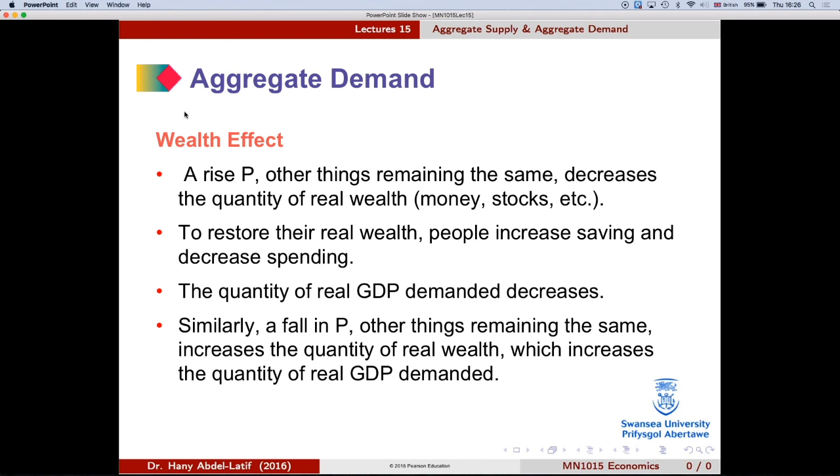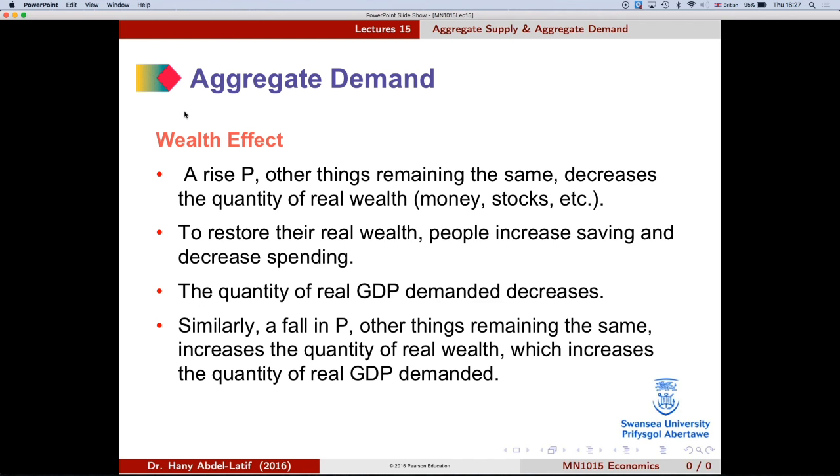If the price level increases, and assuming that other things are the same, this will decrease the quantity of real wealth. And to restore this, people would increase their saving and decrease their spending. So this is a negative relationship. The price increased, and they spend less because they want to restore the same level of wealth, so by saving more.